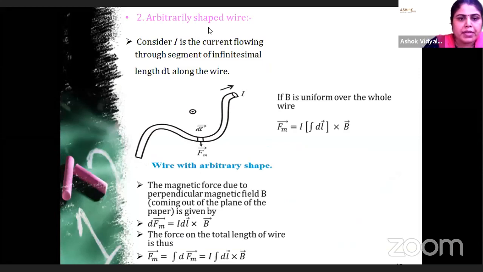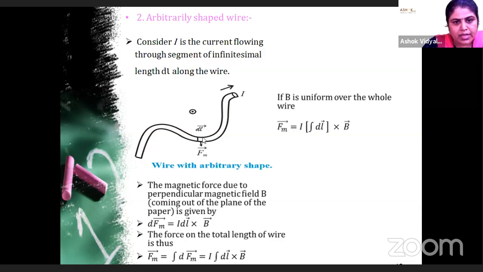Now see the arbitrarily shaped wire. Consider I as the current flowing through a segment of infinitesimal length dl. The total length is something else, but here we are considering a small part of this wire.